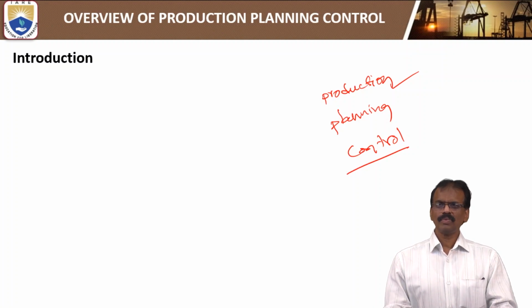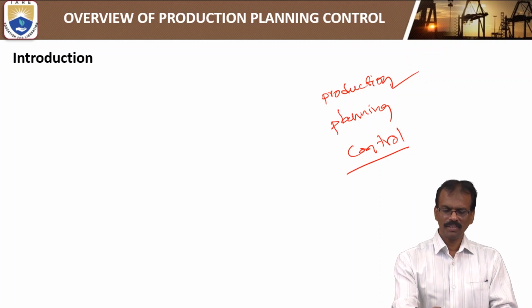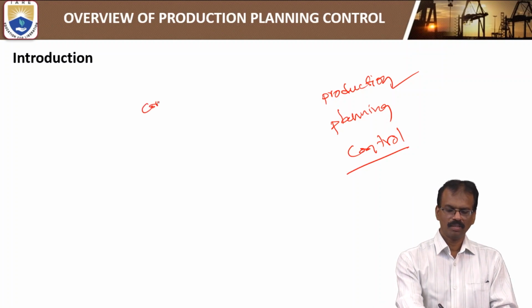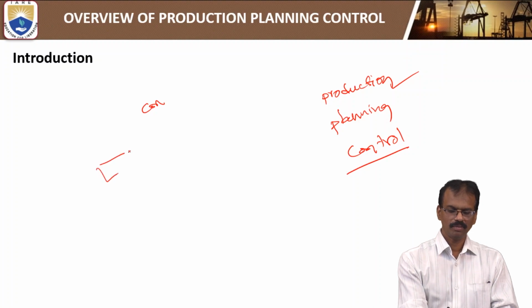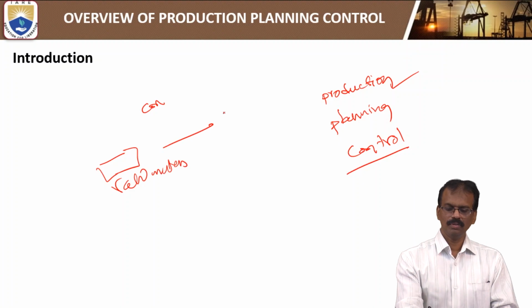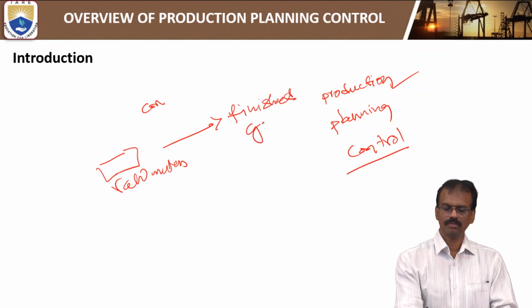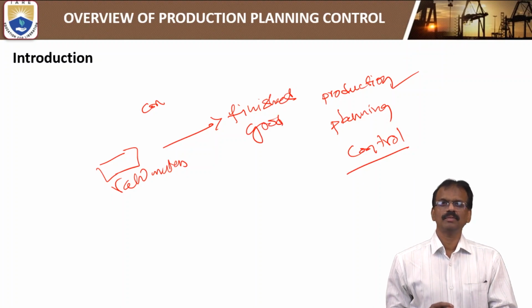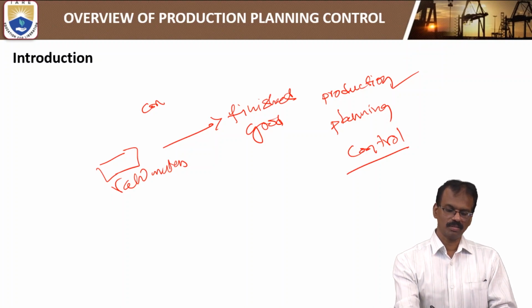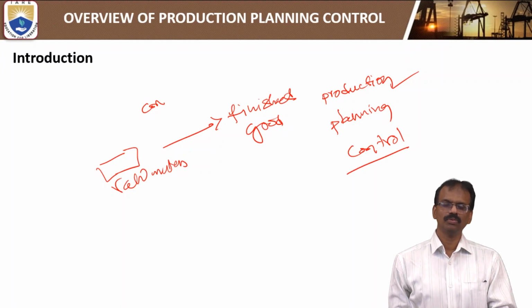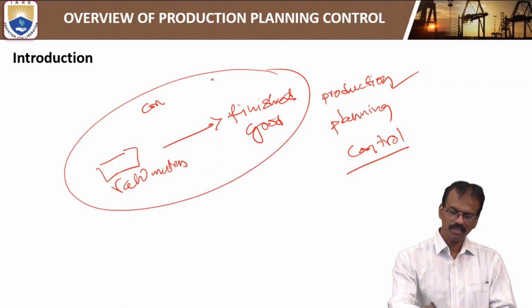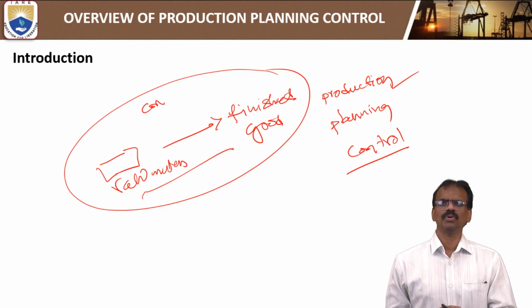So conversion of raw material into finished goods by applying some conversion processes or conversion methods. So it is called manufacturing of a product, or production. You can call this one production.